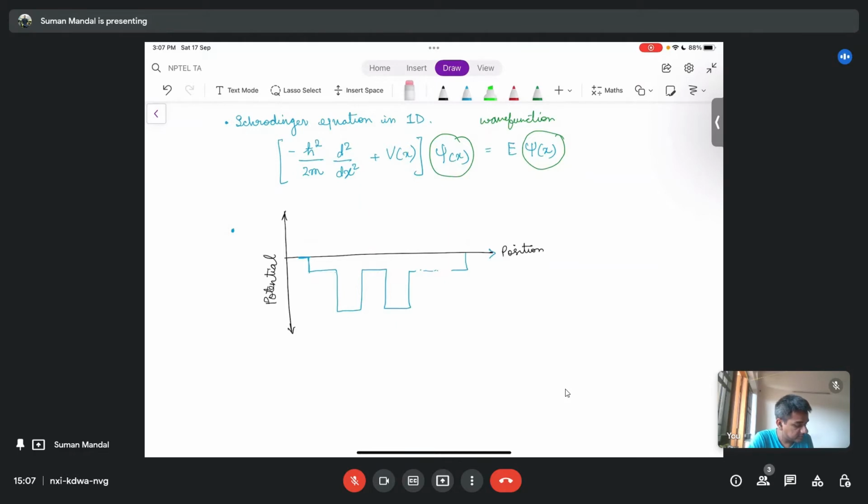And the bound electrons, these are the ionic cores, and the bound electrons are confined here.